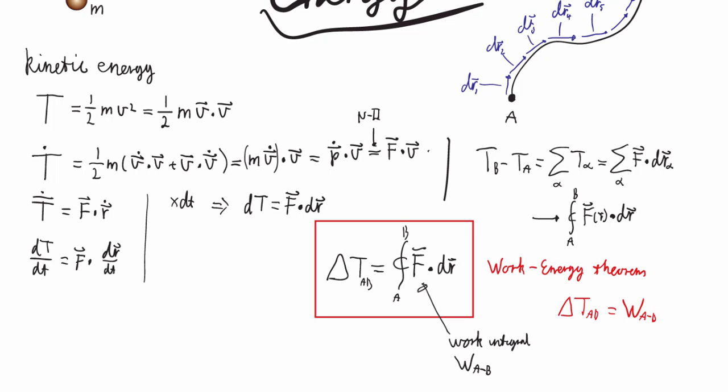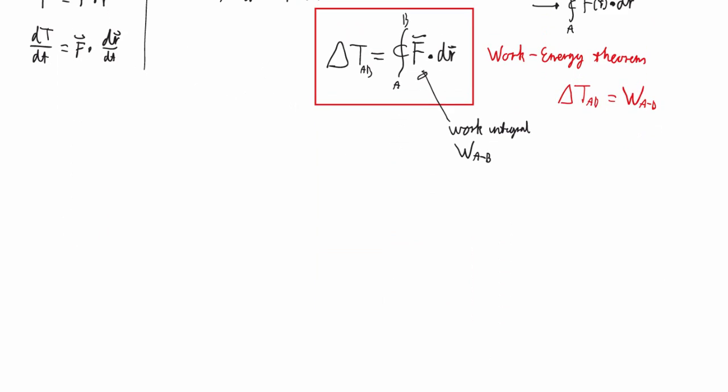Simple enough. Now, one thing that needs to be pointed out is that this work integral here results in general from the work of several forces. So this is due to multiple forces. When we take the integral of F scalar dr from A to B, what we're really working with here is the net force.